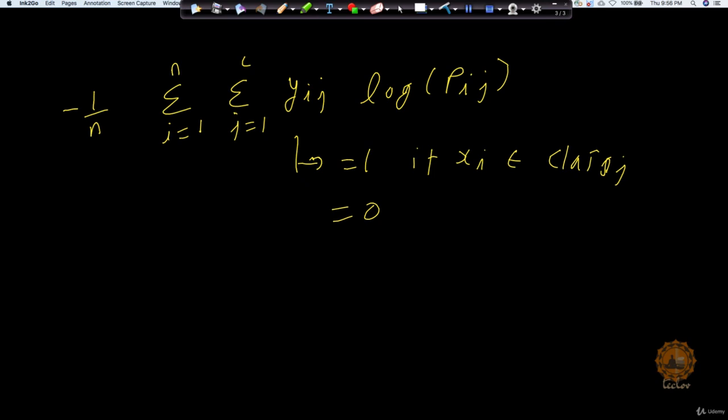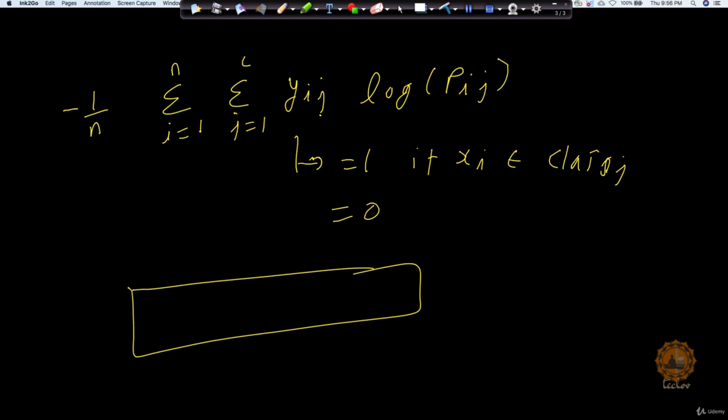Now, as I said, this is basically telling me that yi belongs to class J. So if you think about it, let's say in my project we have 9 classes. In these 9 classes, let's say I have this value as 0, 0, this is 1, and all the rest are 0.